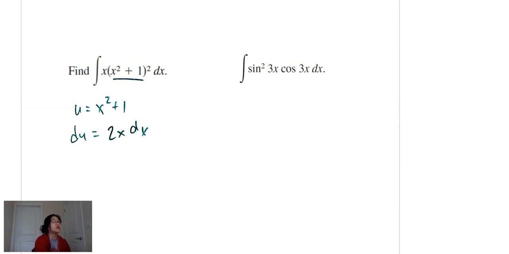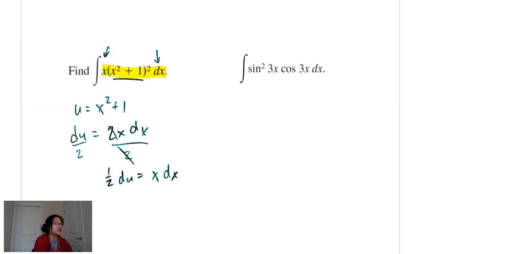Now, does 2x dx show up here? Kind of, but not really. Because we have x and we have dx, but we don't have this 2. So how do we get rid of the 2? Good old division. So we have 1/2 du equals x dx.